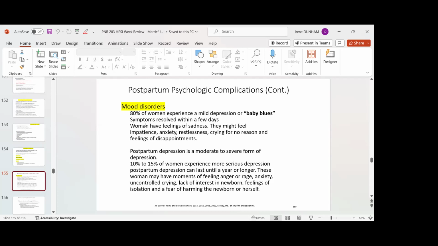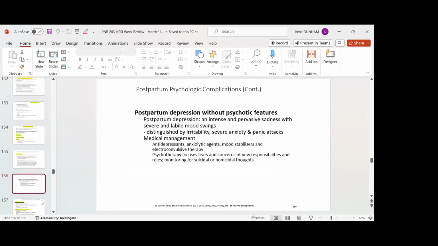Depression is a moderate to severe form. 10 to 15% of women experience a more serious depression, and it can last until a year or longer. These women have moments of anger or rage, anxiety, uncontrolled crying, lack of interest in the newborn, feelings of isolation, and a fear of harming the newborn or herself.